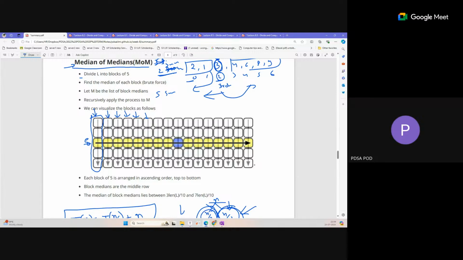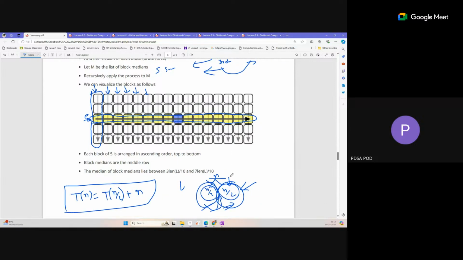In this way you get the middle element of each block, and after getting these middle elements, you do the same process again. You divide them again into blocks of 5; if you get more than 5 elements, sort the block and pick the middle elements. In this way you finally get a middle element.